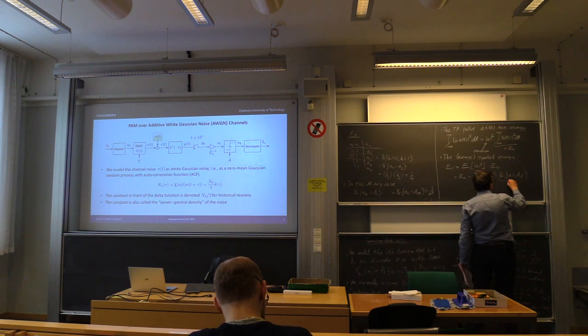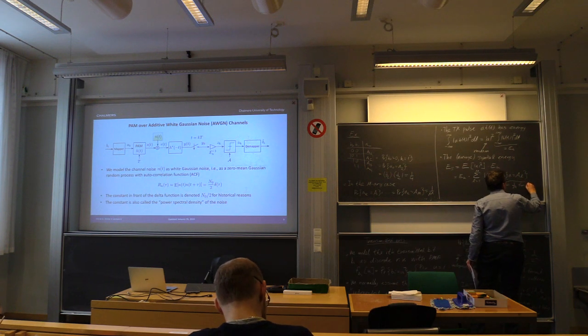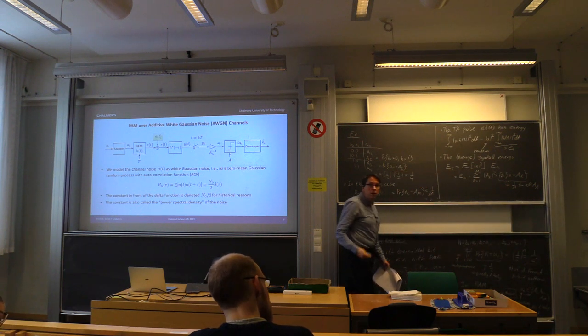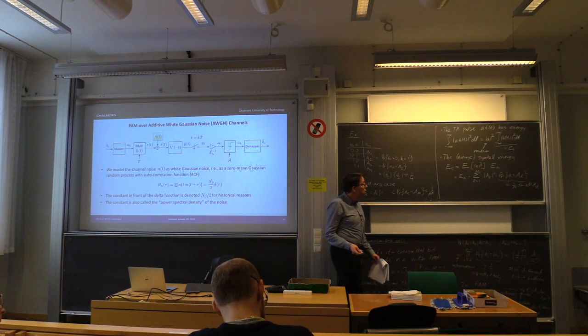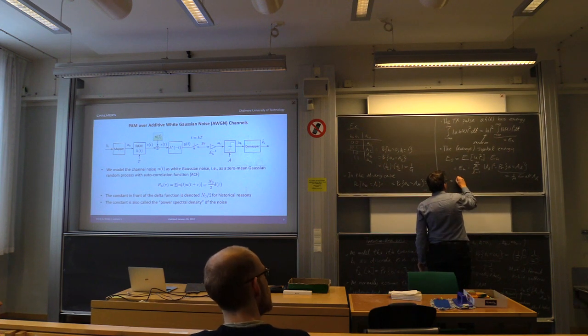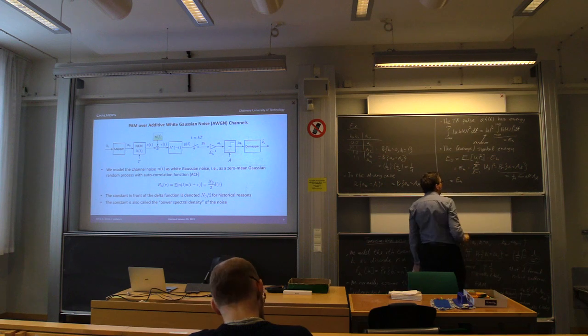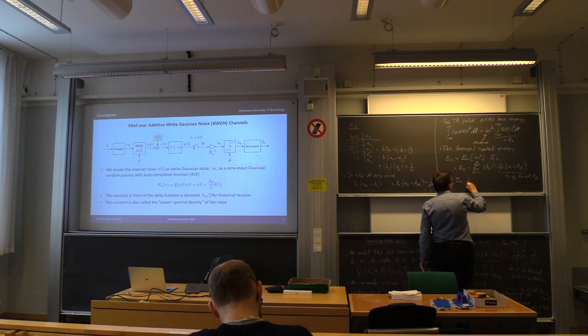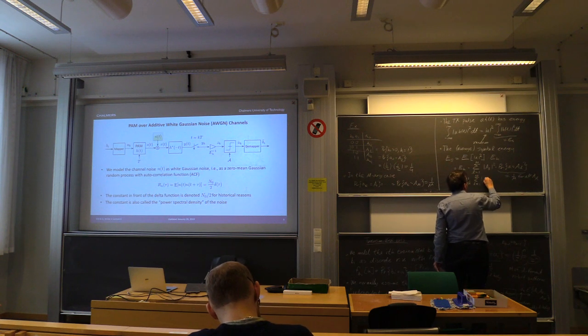Now, this happens to be 1 over M for all A_L, so it doesn't depend on L. So we can pull that out of the sum, and the result we have is E_h times 1 over M times the sum from L equals 1 to M of capital A_L squared.